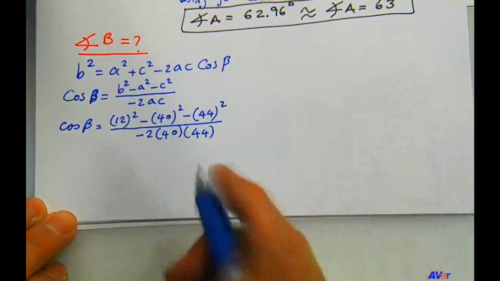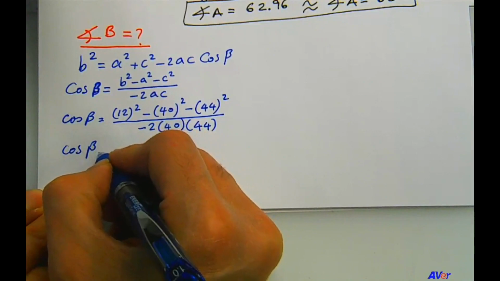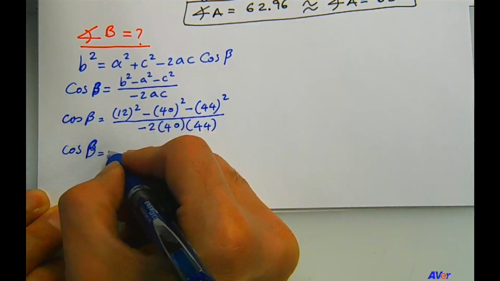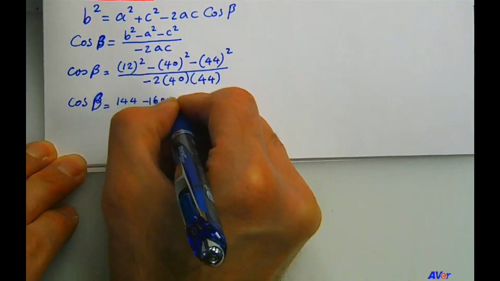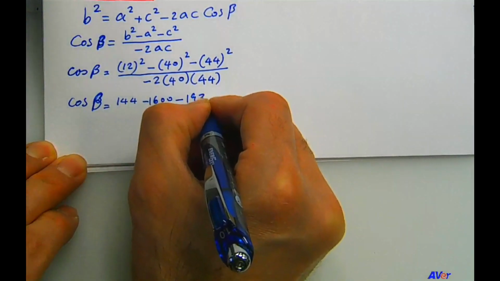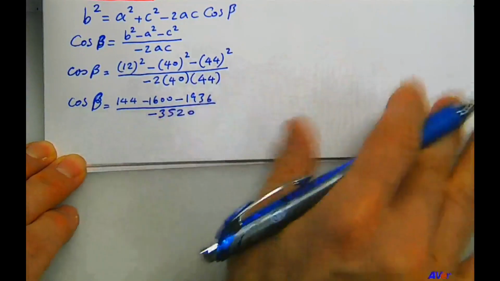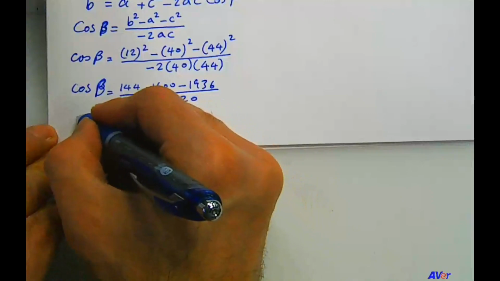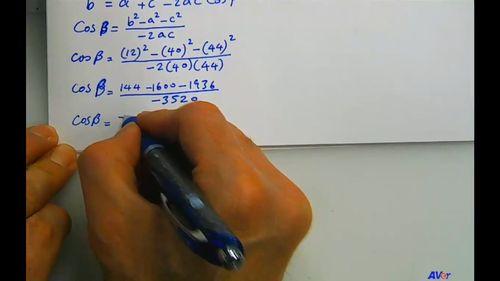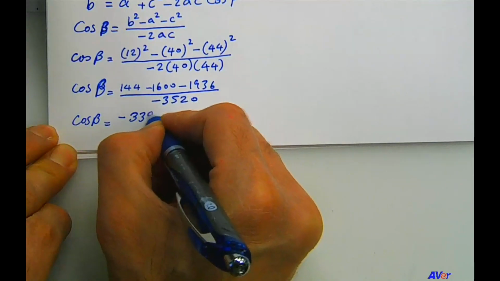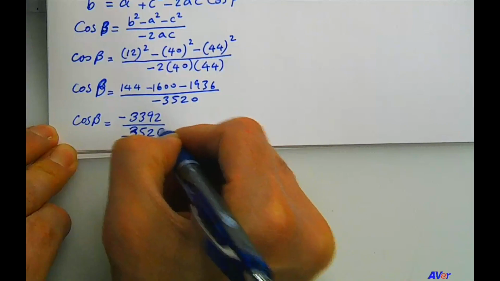Okay, so once again, after simplifying, we have cosine of B equals 144 minus 1600 minus 1936 divided by minus 3520, and then cosine of B is equal to minus 3,392 divided by minus 3,520.